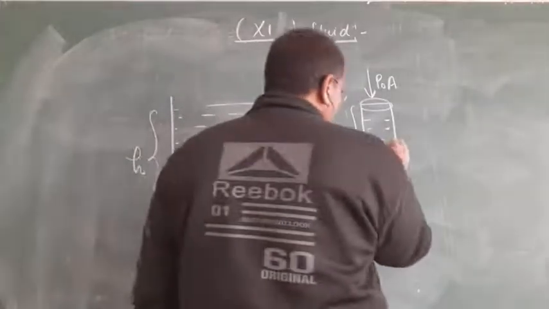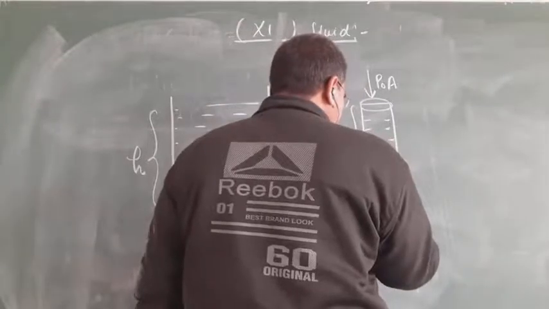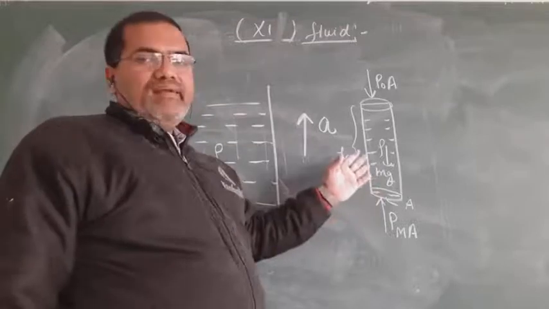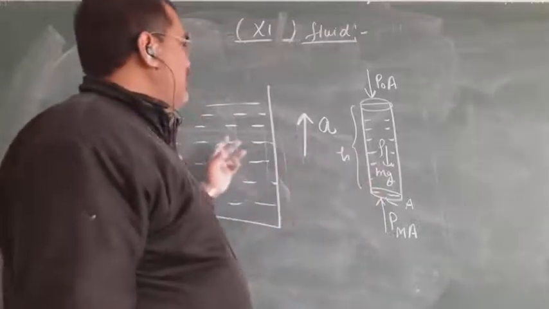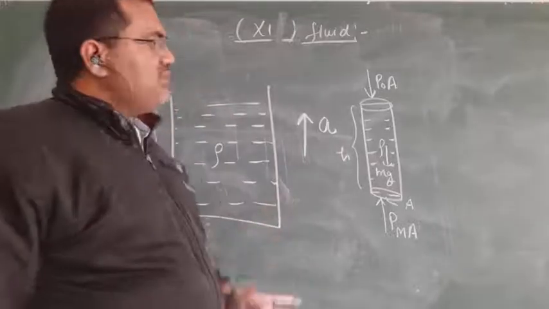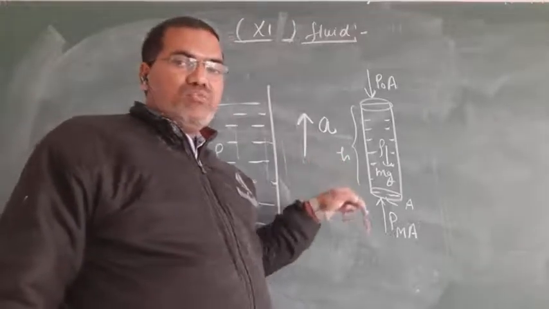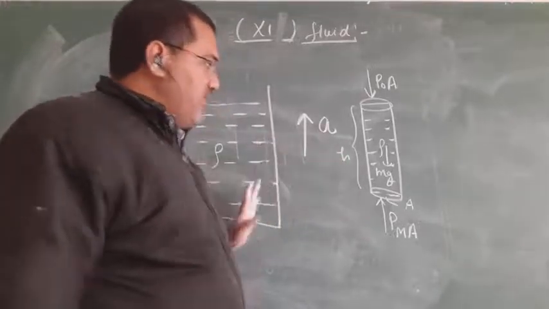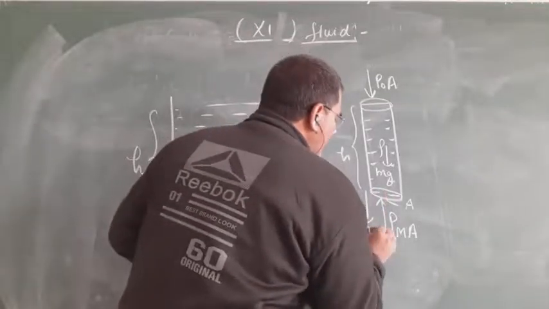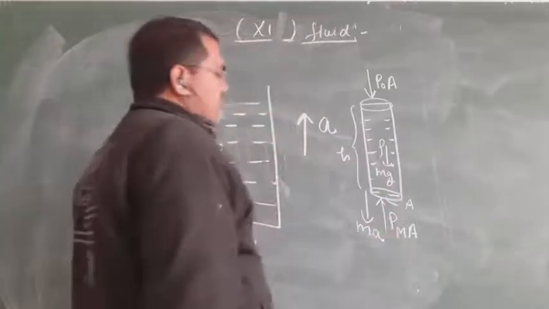Weight of the liquid acts in the vertical downward direction. We have already done this in the previous lecture when the container is at rest. But in this case, an additional pseudo force acts in the downward direction, which is the mass of the liquid times the acceleration of the container.